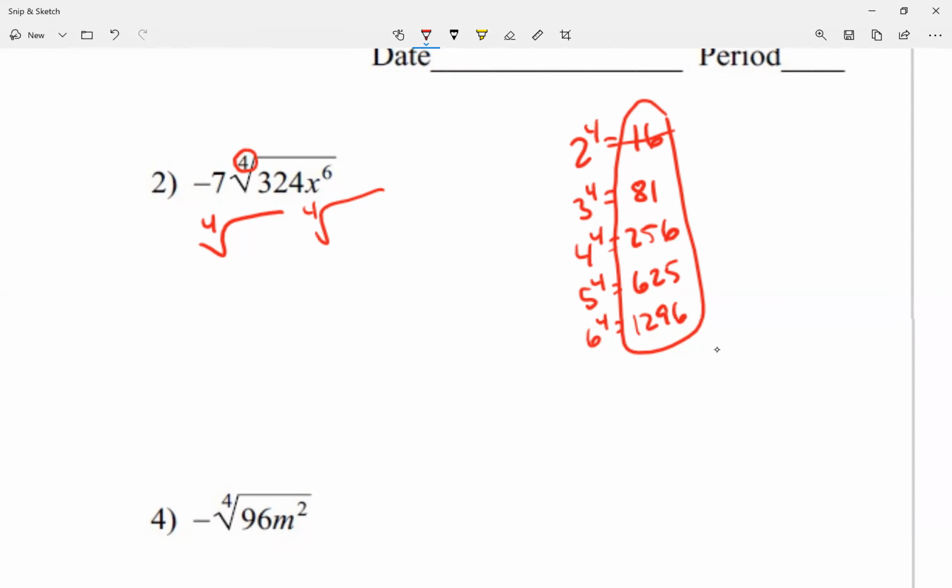How about 324 divided by 81? 324 divided by 81 gives me 4. So guess what? The multiplication I'm thinking is 81 times 4. Right? 81 times 4 is 324. The fourth root of 81 is 3.